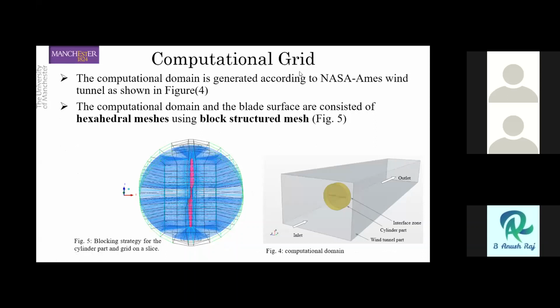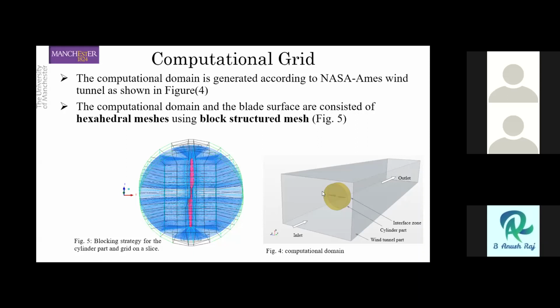The computational grid, which has been used in this study: a computational domain of dimensions 24.4 meter height and 36.6 meter width has been generated according to the NASA Ames wind tunnel.